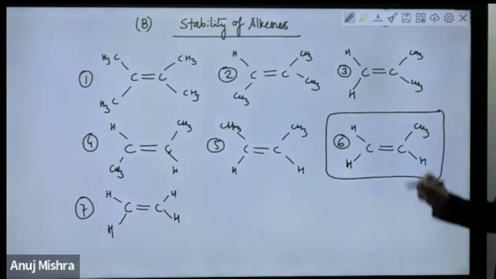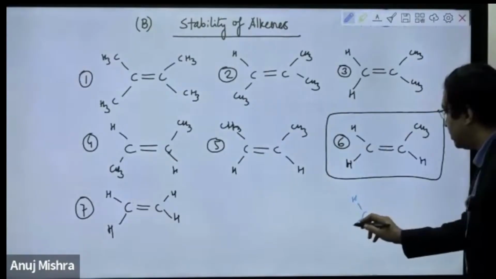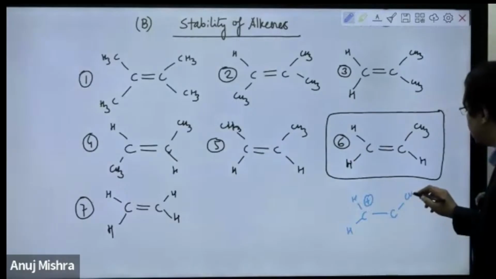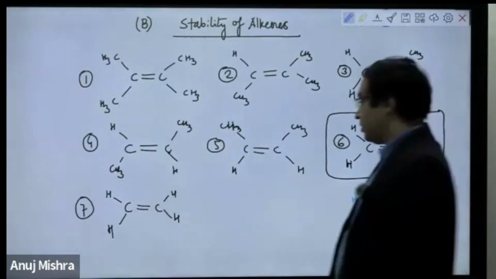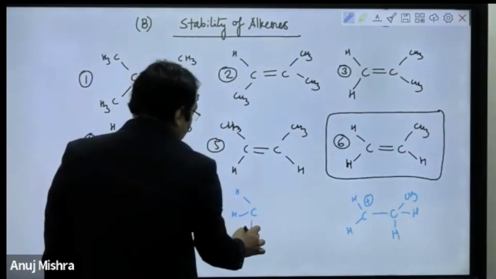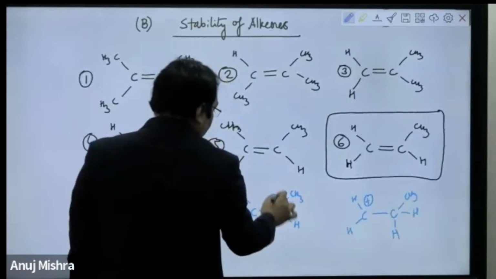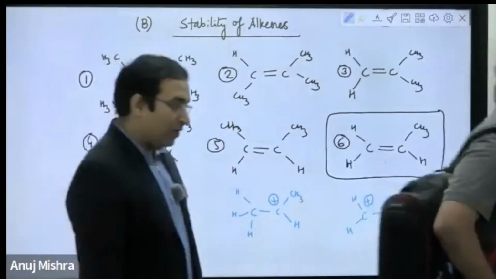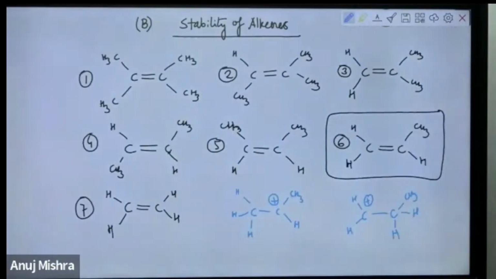If you give it H plus, how will it look like? If you give it H plus, it will become H plus CH3, H and hydrogen. That can be one option. Or it can be H. These are the two probable options. Please draw. These are two probable options.